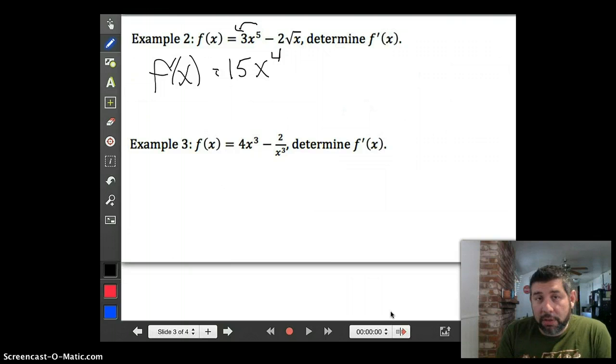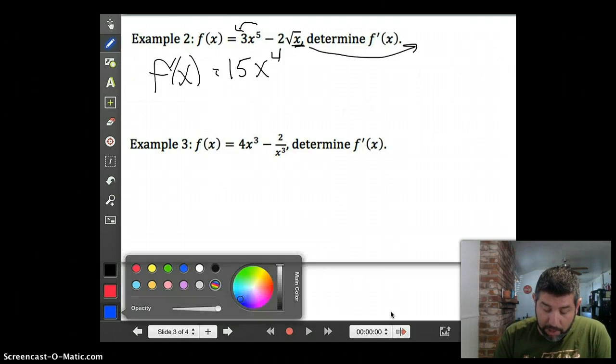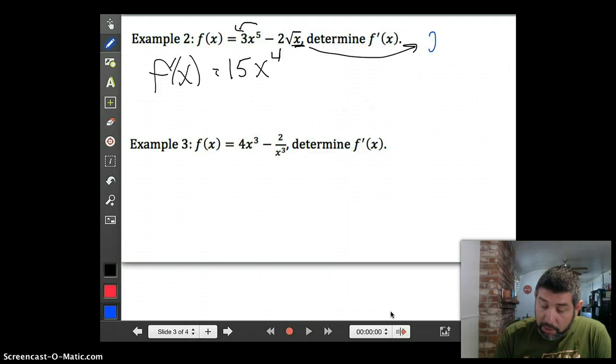We want to change root x to its rational power, which is 2x to the 1/2. We multiply the 2 times the 1/2, which gives us 1 times x to the 1/2 minus 1, which is negative 1/2.